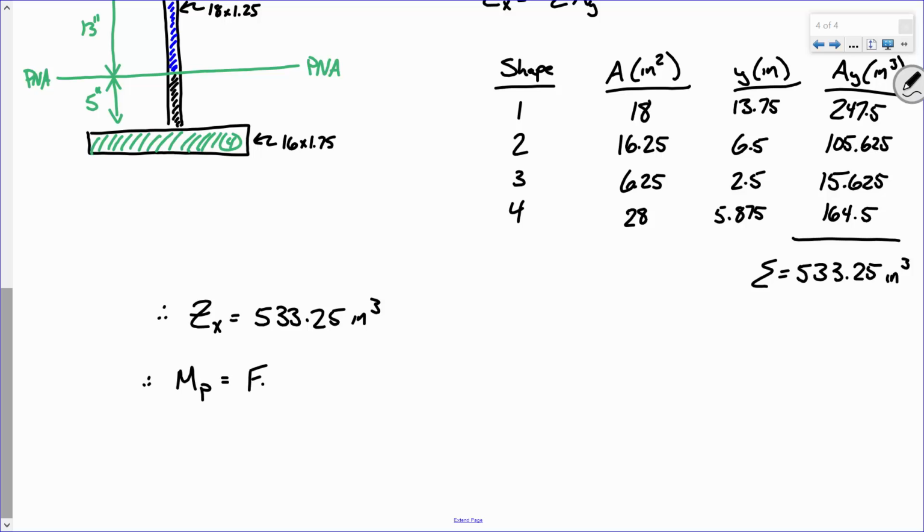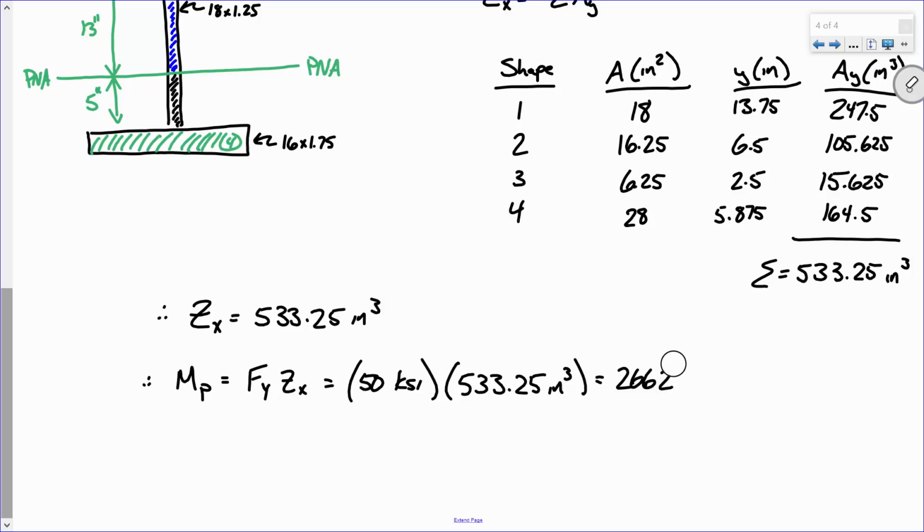it's FY times ZX, or 50 KSI times 533.25. And what does that give us? One more 6. 2.5. And then what are the units?